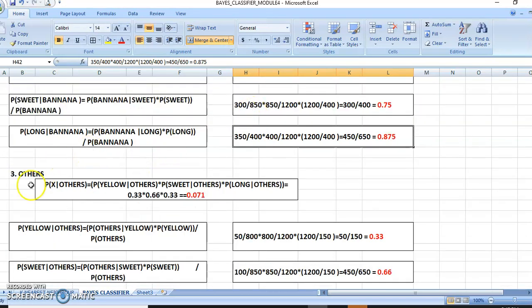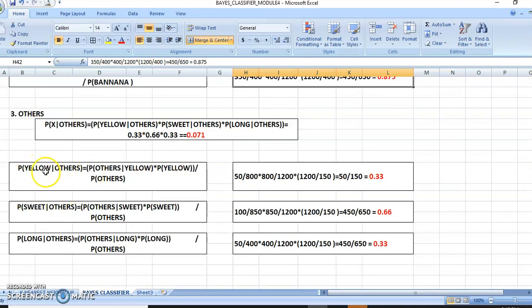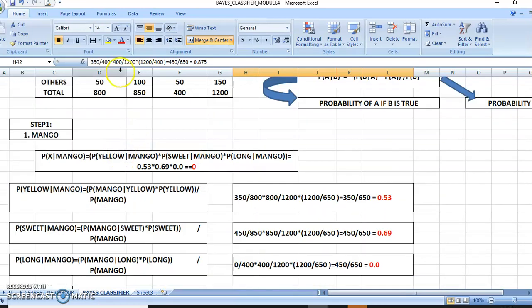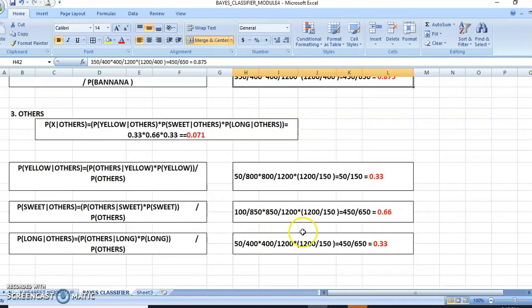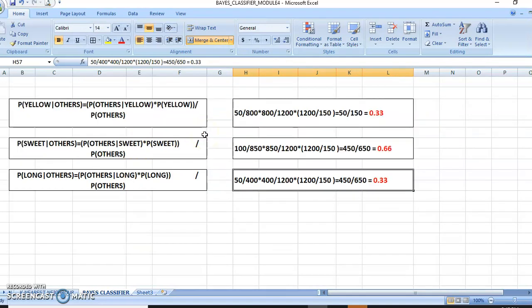Similarly for others: others being yellow, others being sweet, others being long. You have the values here, just replace them. When I replace them for others, I get 0.33, 0.66, 0.33 respectively, and as a whole, for others, I get 0.07.